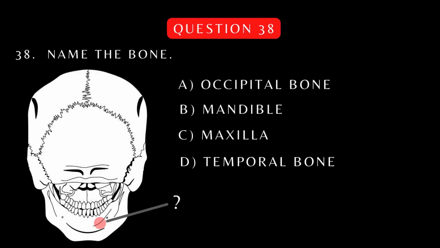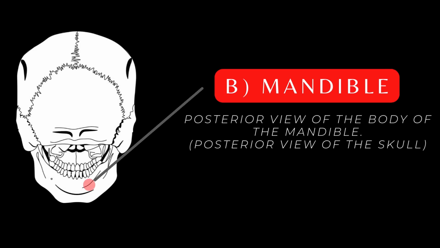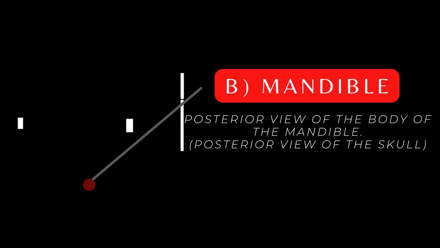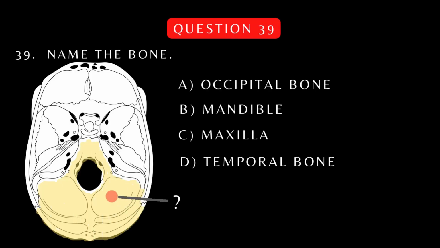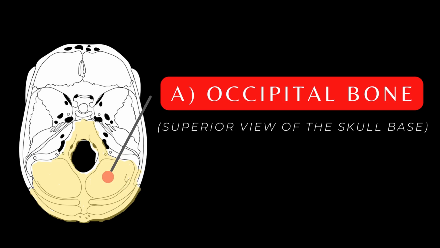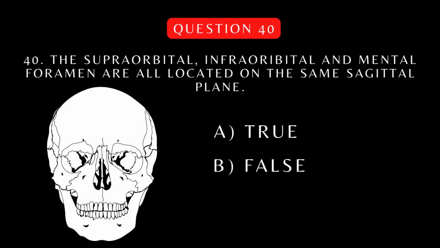Name the bone. Name the bone. True or false, the supraorbital, infraorbital, and mental foramen are all located on the same sagittal plane.